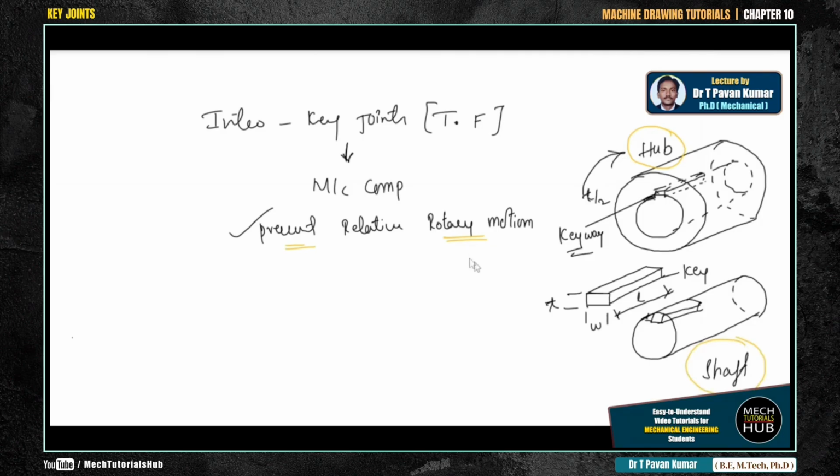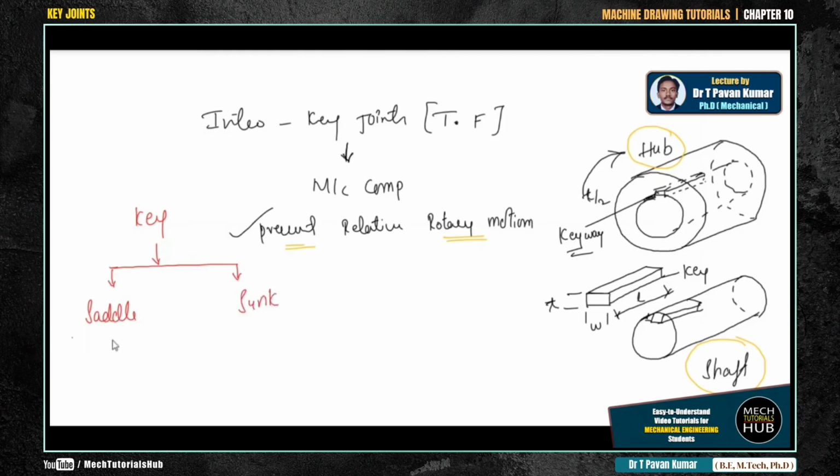Now, coming to the classification of keys. Broadly, keys are classified into two categories. Number one is the saddle key. Number two is the sunk key.